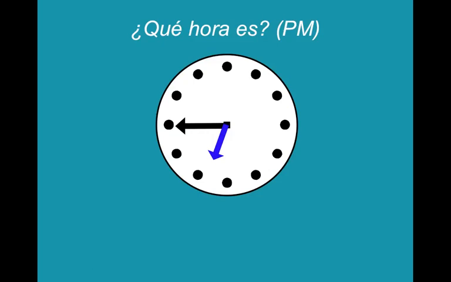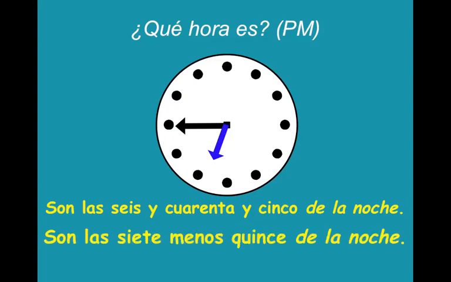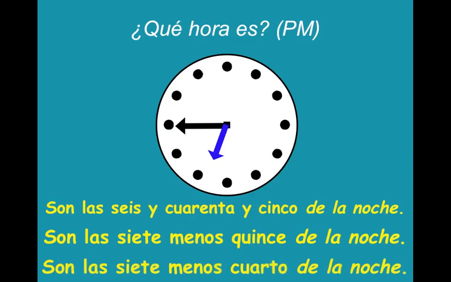Notice it's in the evening. Son las 6:45 de la noche, 6:45. Son las 7 menos 15 de la noche, 15 minutes until 7. O son las 7 menos cuarto de la noche. It's 7 minus a quarter till 7.